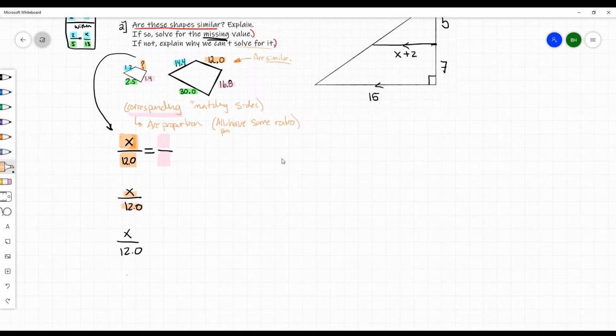And it doesn't matter which ones we use because we're testing whether or not our proportions are all going to be the same, which means we should get the same value for x for all of these solutions, no matter which combination we use. So I can use the pink ratios, I can use the green ratios, or I can use the blue ratios. Now, the reason why I use colors is because it helps to visualize which values I'm talking about, but it doesn't matter which ones I use.